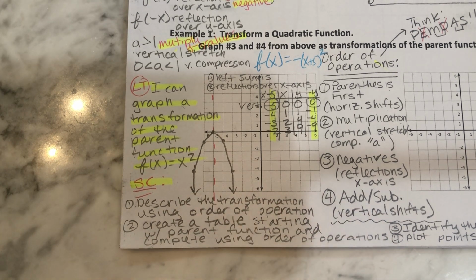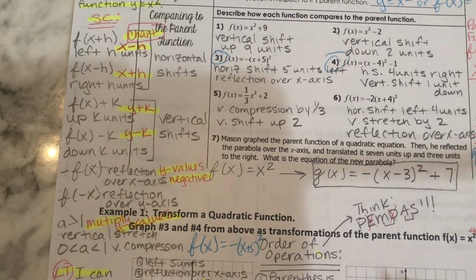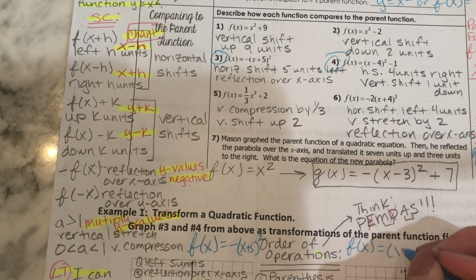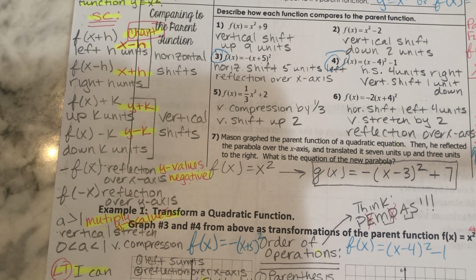Okay, the next one we're going to do number 4 from above up here. So f of x equals x minus 4 squared minus 1. I'm going to describe my transformations first. So I start with my parentheses, and I see that I have a minus 4 in the parentheses, so that moves it to the right 4.